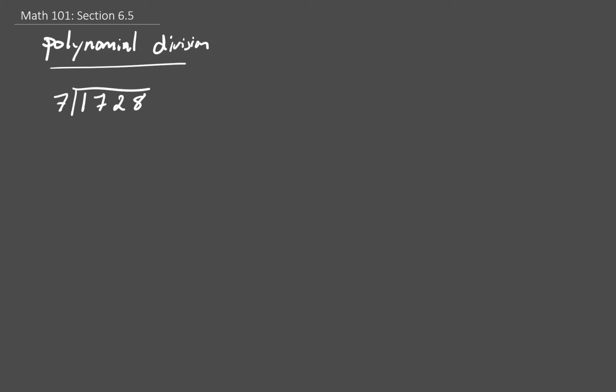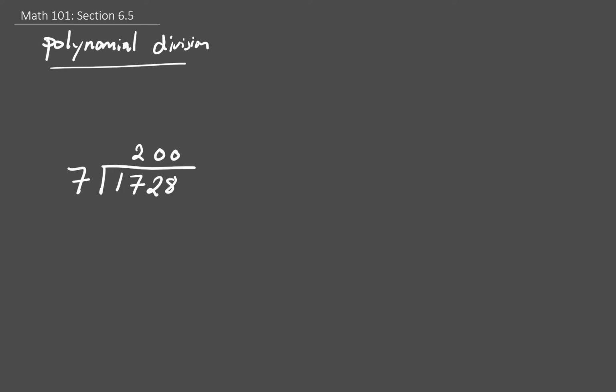So the first thing we do, let me slide this down a little bit because I want some more room up top. I'm going to take 7 into 1,728. There's two 7s that go into 17. That's how we usually do this. But what that means is, because it's in this position, there's really 200 groups of 7 pieces of candy that I can form right away.